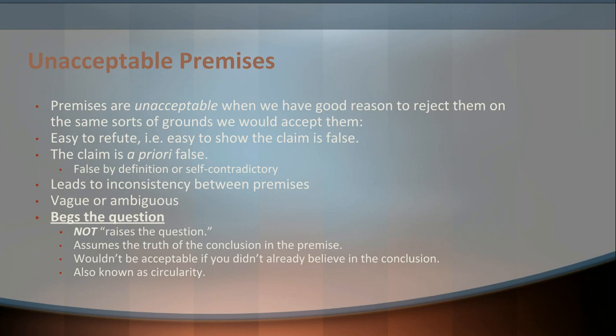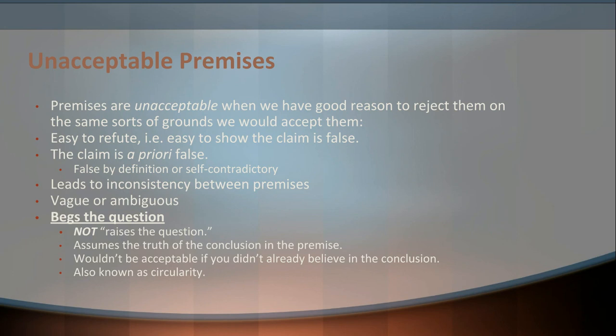Now, premises or claims are unacceptable not just when we don't have some reason to call them acceptable, but when particular conditions are met for them being unacceptable. That is, when there are certain traits present that make it so we shouldn't believe the thing being said, rather than just a lack of reason for accepting it.